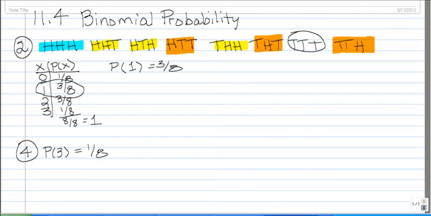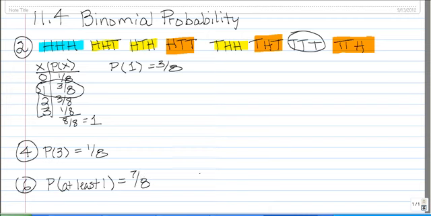Okay, and number 6, the probability of at least 1. So at least 1 would be 1, 2, or 3. We want to add those together. So it's going to be 7 eighths when we add those together.